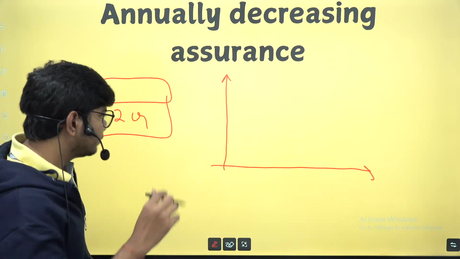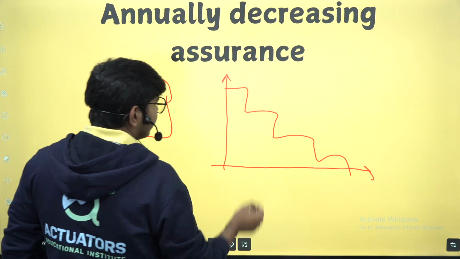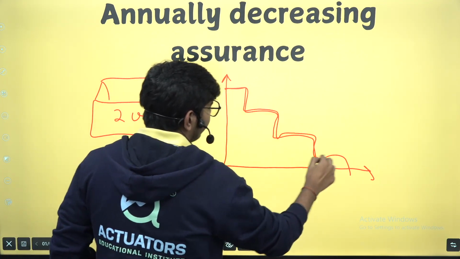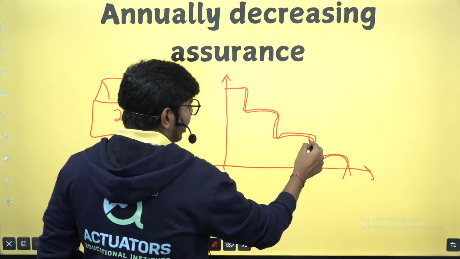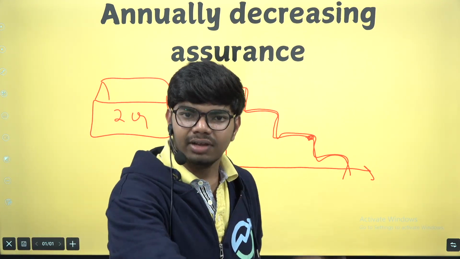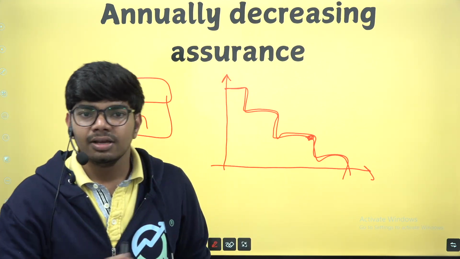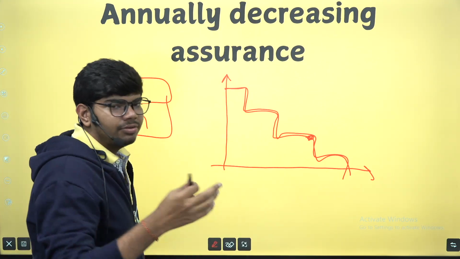So the loan amount would be falling over the years, and at the same time, the insurance amount will also be falling. Now, if I were to die here, then the insurance company, instead of paying my family members, will simply pay the bank, and the bank won't disturb my family. They can continue living in the same house which I have bought for them, right? So everyone is happy except me, who is dead.